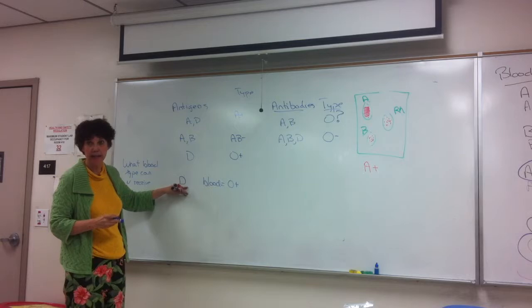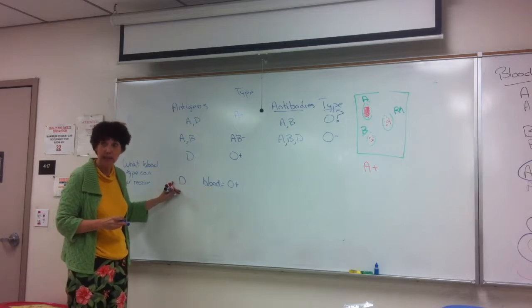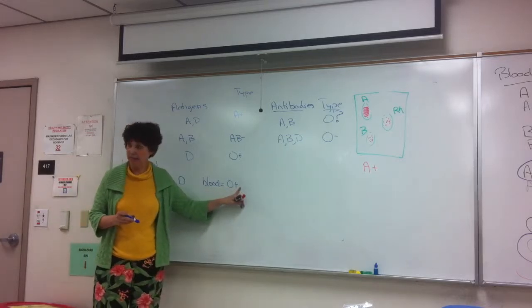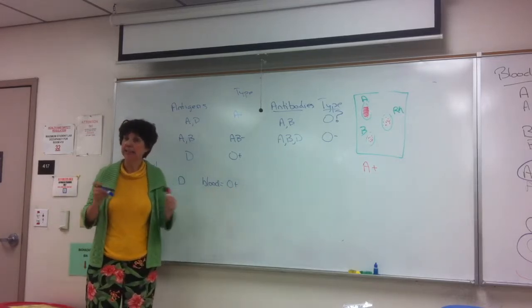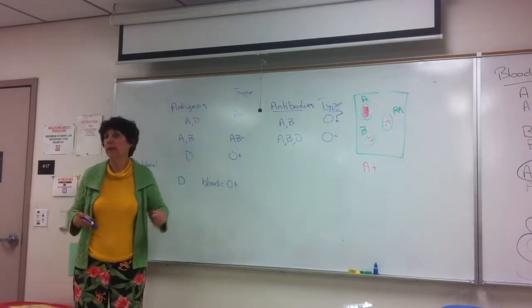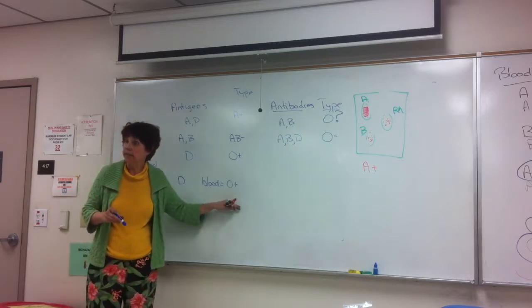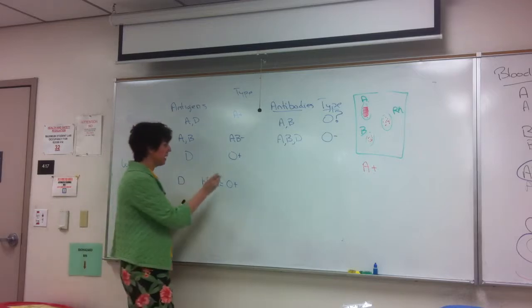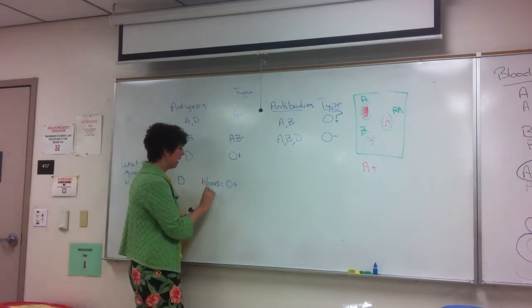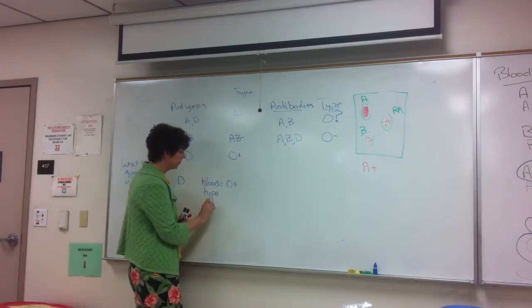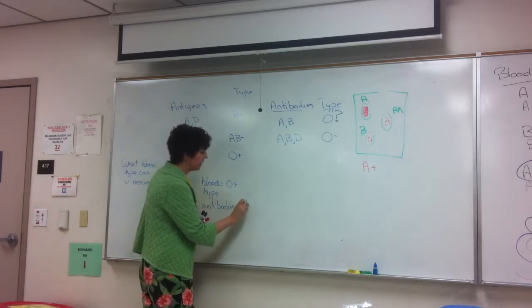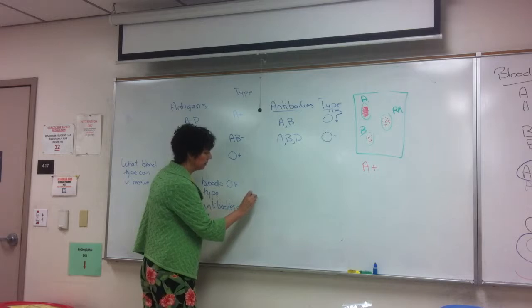You have no others, so your blood type has to be O. Since you have the D antigen, your blood type is O positive, all right? The next question to ask is what antibodies you have, because that's going to determine what blood type you can receive. So this is your blood type. What are your antibodies? Anti-A and anti-B.